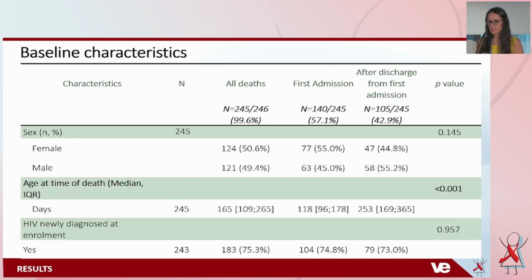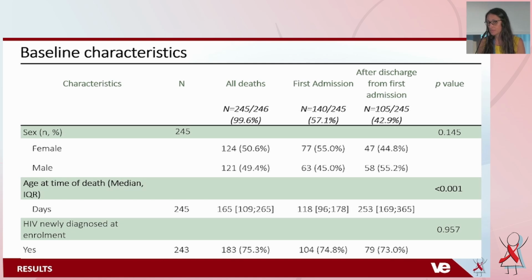These are the baseline characteristics overall, and also in these 2 groups, dying in the first admission or dying after discharge. There was no difference in sex. There were differences in age at the time of death. That makes sense and was somehow expected, because children that died in the first admission were younger than the children that died after.